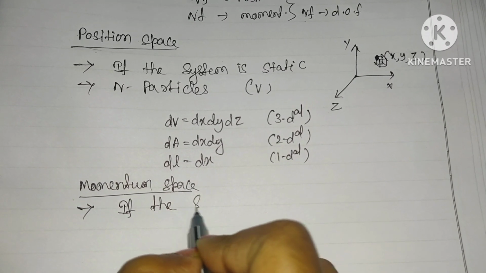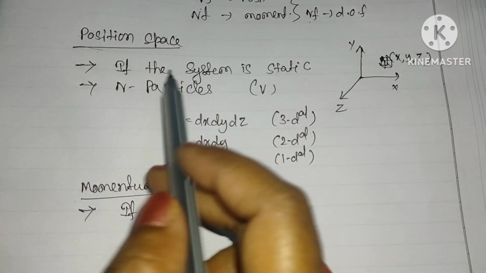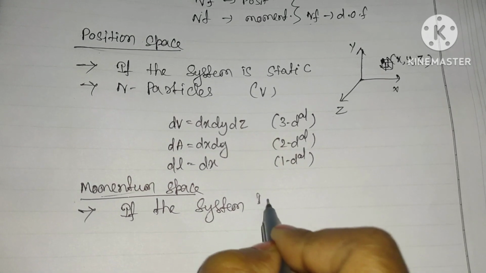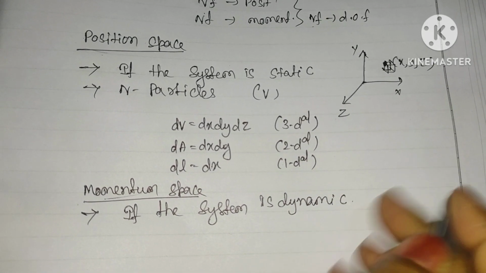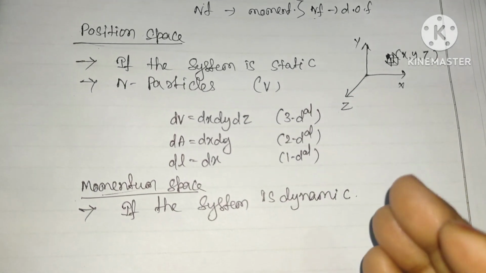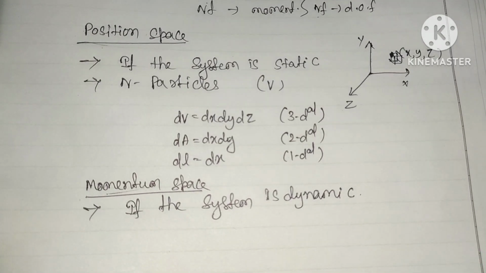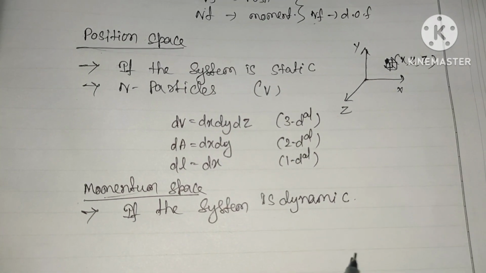If the system is dynamic in nature: position space is defined when the system is static, but momentum space comes when the system is dynamic. When the system is dynamic, that is, the particle moves with various velocities and possesses momentum. Here I am specially defining the linear momentum.